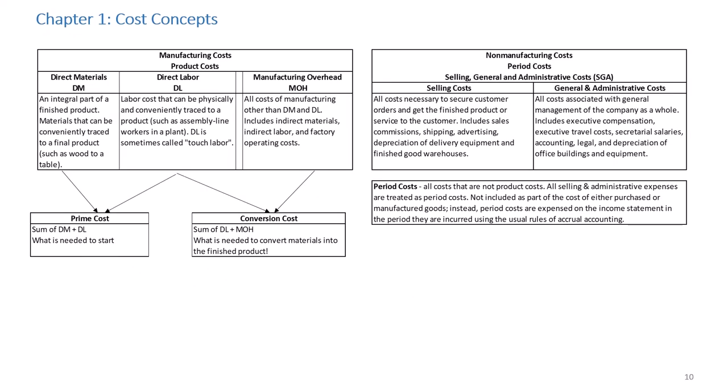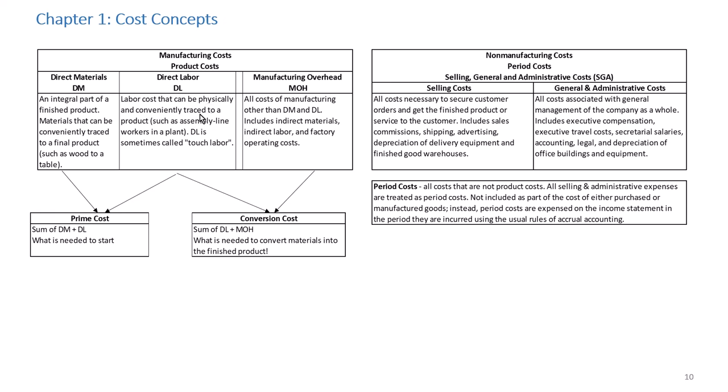Manufacturing costs include the direct materials, direct labor, and manufacturing overhead needed for production. Direct materials play an integral part for the finished product. All direct materials can be conveniently traced to the final product. Direct labor is the labor cost that can be physically and conveniently traced to the product.